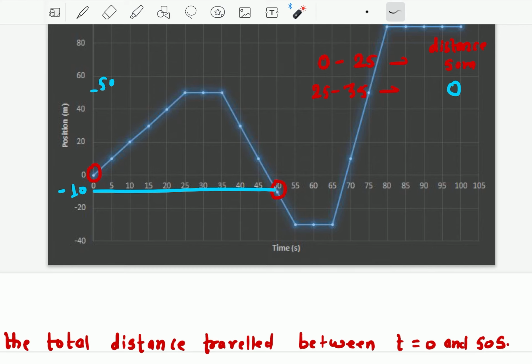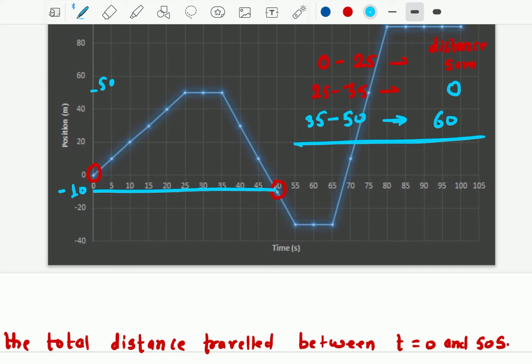So the total distance covered between 35 to 50 seconds is 50 plus 10, which is 60 meters. Altogether, if you add 0 to 50 seconds, the total distance traveled is 110 meters.